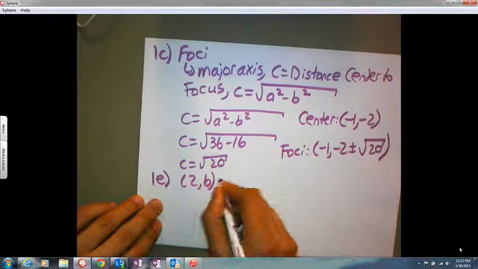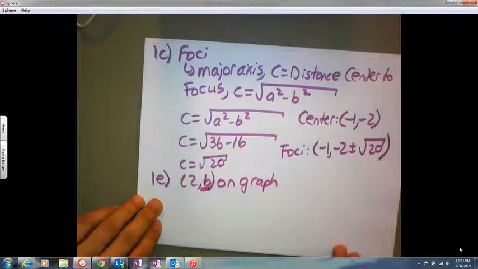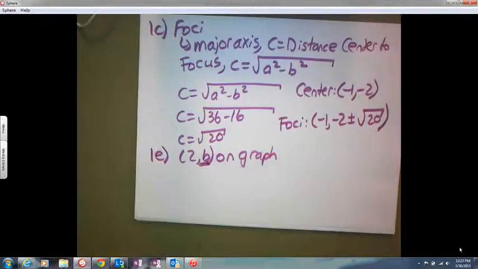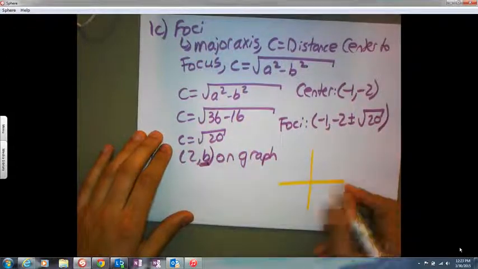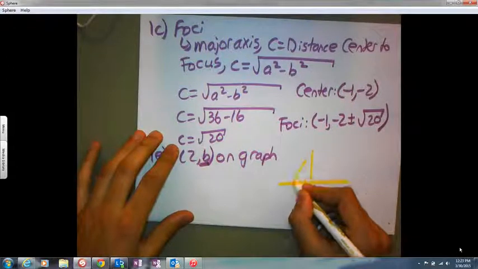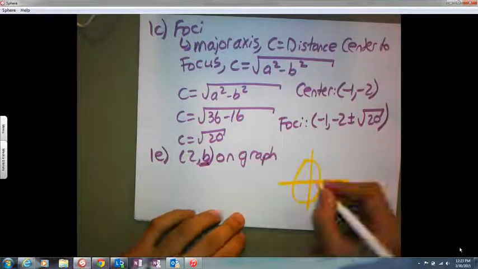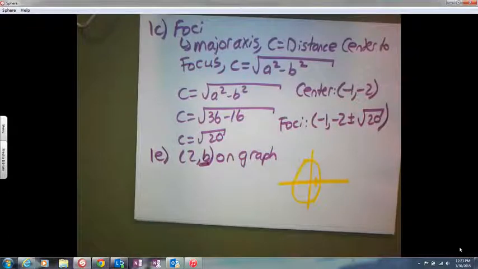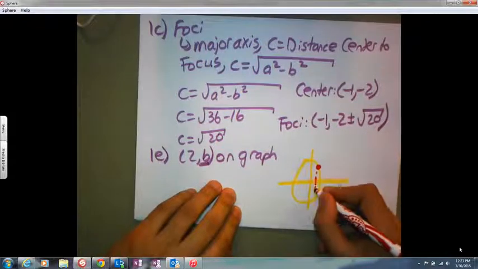And this is on the graph. And they want us to find B. Now, if you think about the ellipse that we have, I'll just sketch it out here. We had something kind of like this. They're asking when x is 2, that's right here. What is the y-coordinate? Well, the y-coordinate is up here, and the y-coordinate is down here.